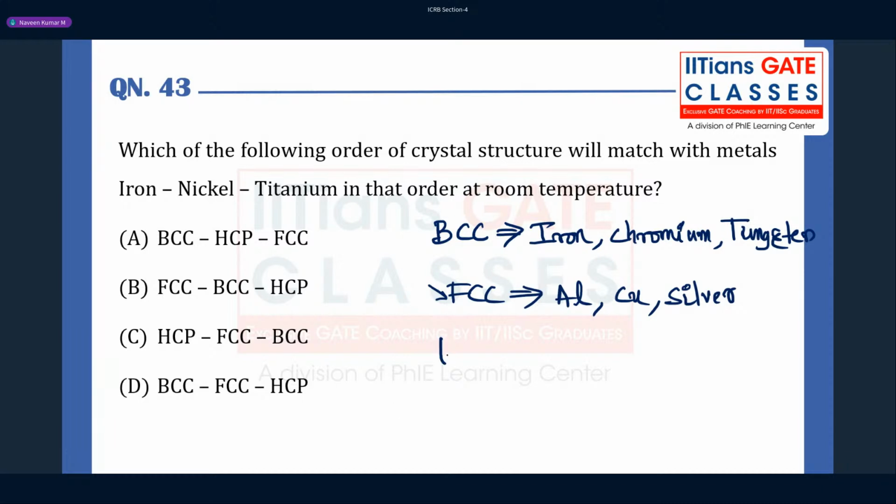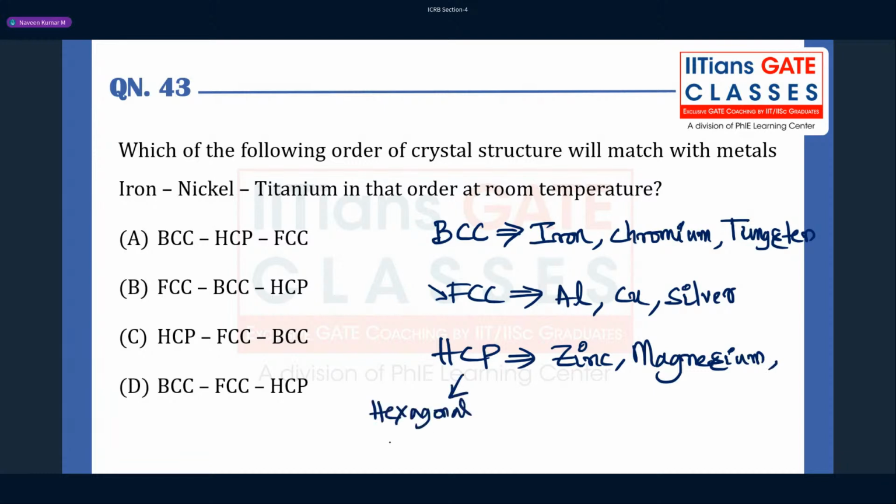Okay, and HCP has zinc, magnesium. HCP is hexagonal closed packing. So how will the structure look?